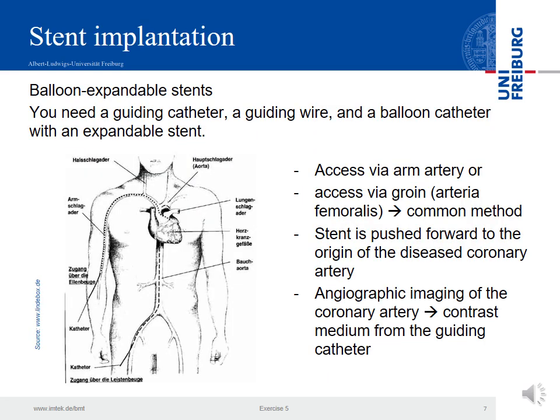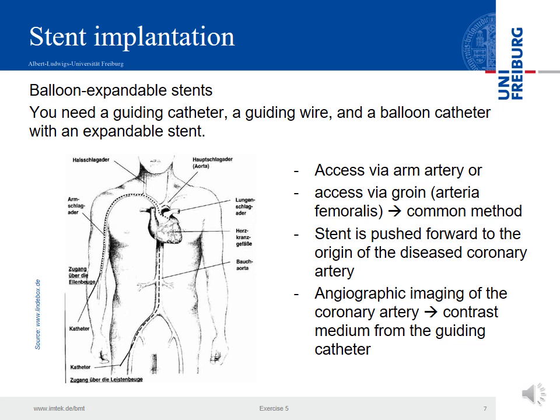So how to bring that stent in place? Well, for any catheter in the heart, placing the stents or widening the arteries, you need a catheter that is mainly placed over the arm artery, or for stenting over the leg artery.